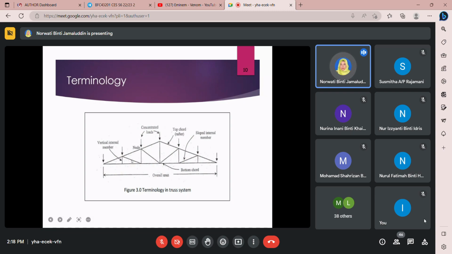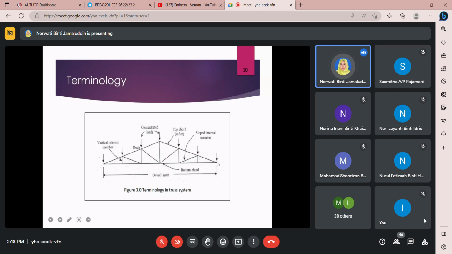And then we have the vertical member, which is also an internal member. You can call it a vertical internal member. And we have the slope internal member or incline member. Both vertical and incline members are also known as web members, and these are nodes.